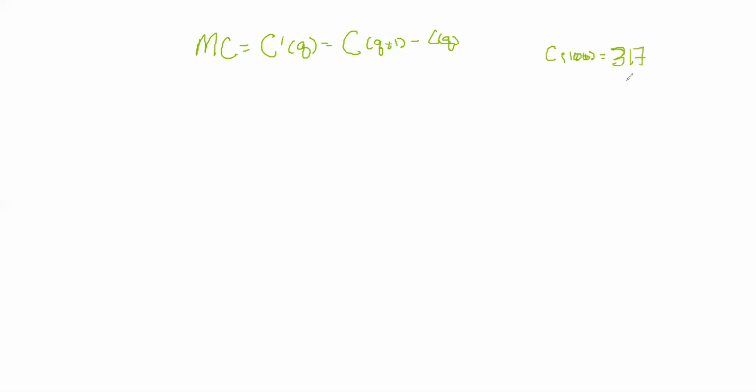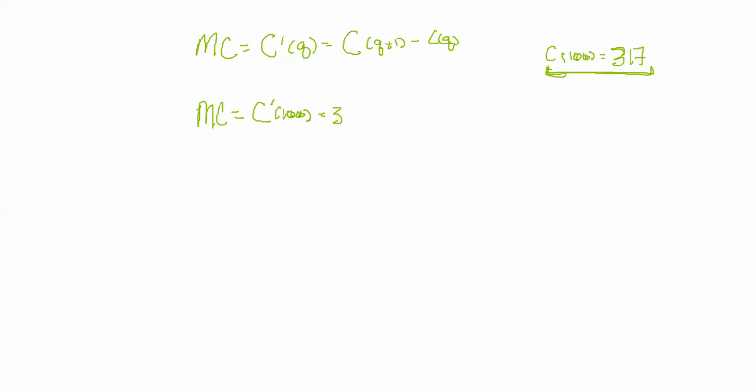That's an unreasonable number, but that's the number I picked. So we know that the cost of producing 100 barrels of olive oil is $317. We know that the marginal cost, given by the problem, for Q equals 100, so that C prime of 100 is equal to 3.